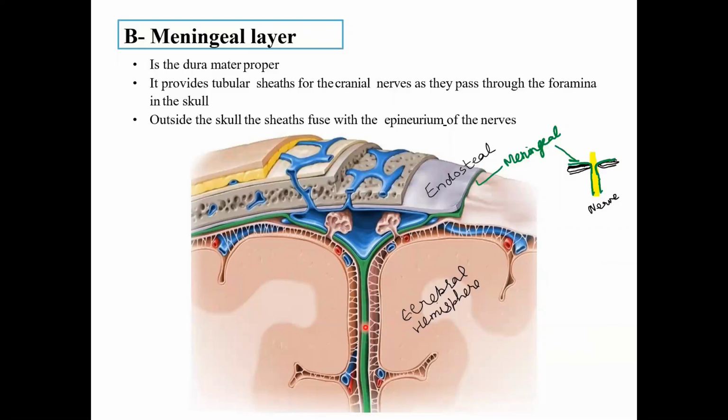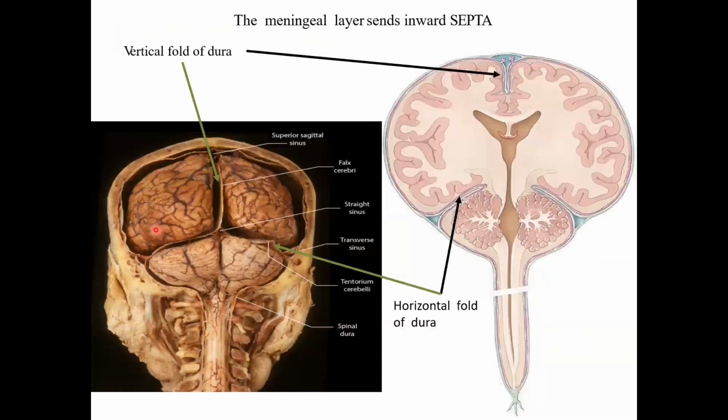So we can see in the next diagram, here we have removed the occipital bone, and we can see the occipital lobes of the cerebral hemisphere and the cerebellar hemispheres. Both the lobes of cerebral hemispheres are separated by a meningeal fold of dura mater, that is the falx cerebri, and between the cerebrum and cerebellum we can again see the meningeal layer, that is the tentorium cerebelli.